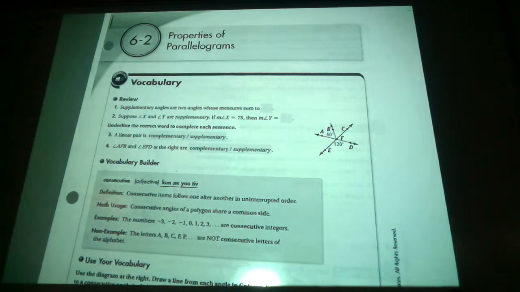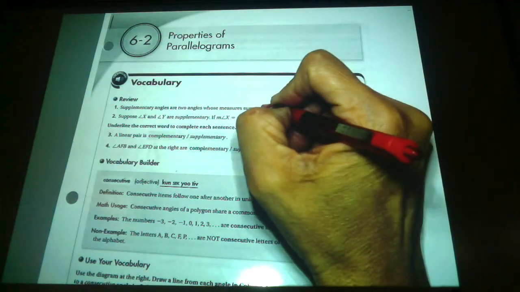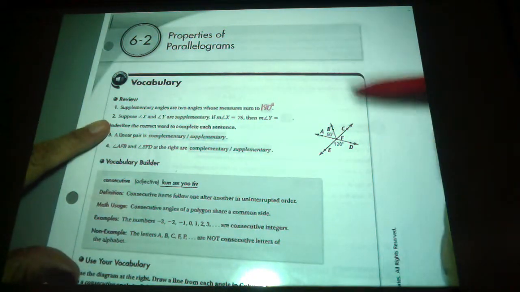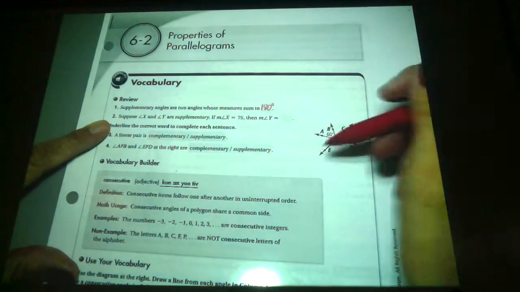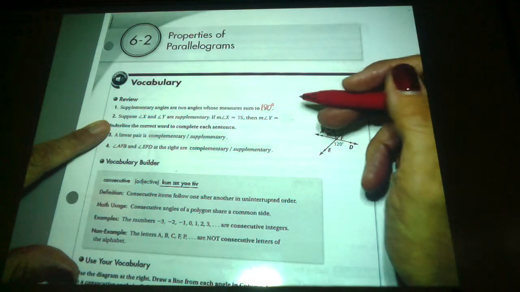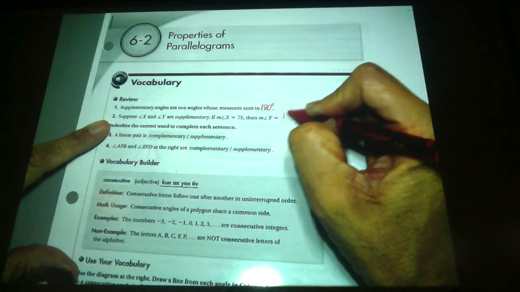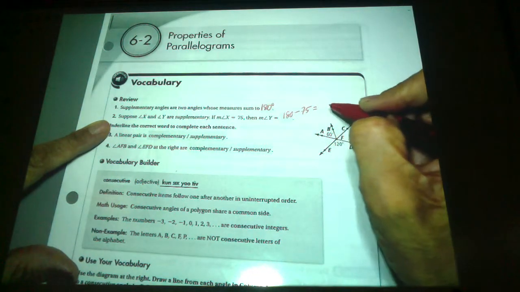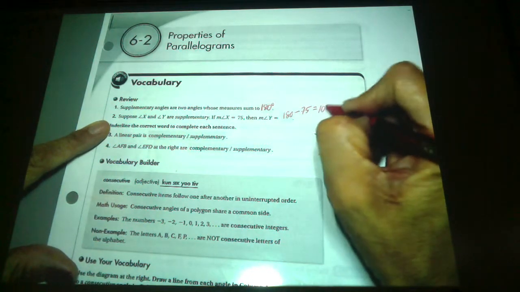Okay, so supplementary angles are 2 angles whose measures sum to what? To what? 180. Suppose that angle x and angle y are supplementary. If the measure of angle x is 75, then the measure of angle y is 180 minus 75, which equals 105.